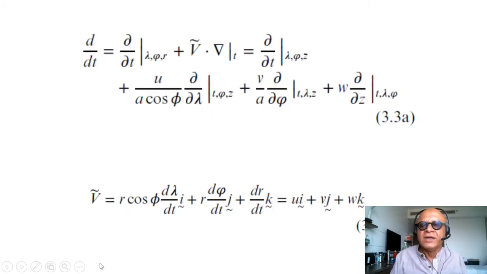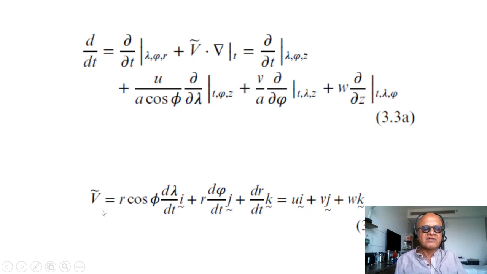Okay, so let's look at d/dt then, the total derivative: partial t in the lambda, phi, r coordinates, plus v dot grad, with t constant, equals d/dt in lambda, phi, z, because r is a plus z, and a is much greater than z, so we can just replace d/dr with d/dz as we saw before, and u over a cosine phi partial lambda, in t, phi, z held constant, v over a, so this is zonal, meridional d/d phi, plus omega d/dz and so on.